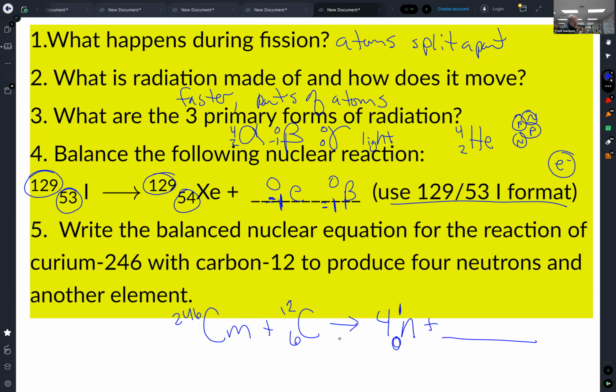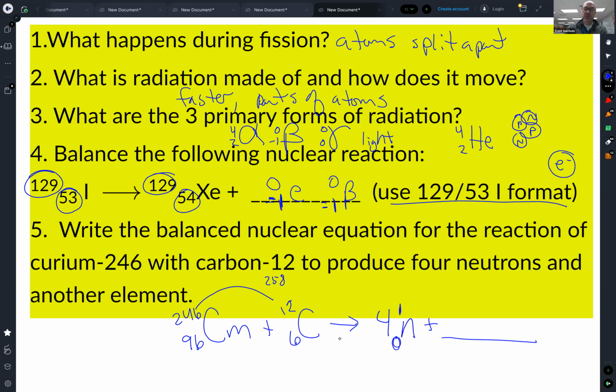Now, curium is element number, let me see if I can find it. Cm 96, I believe, is what it is. Let me make sure about that one. Yep, 96. Okay, so now on the top, over here on the left, we have a total of 258.